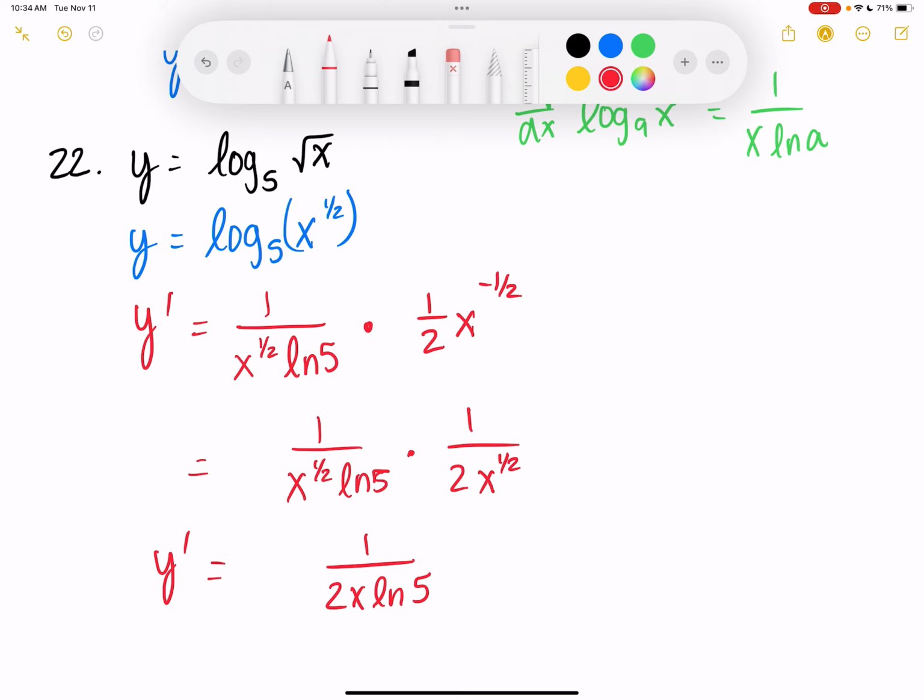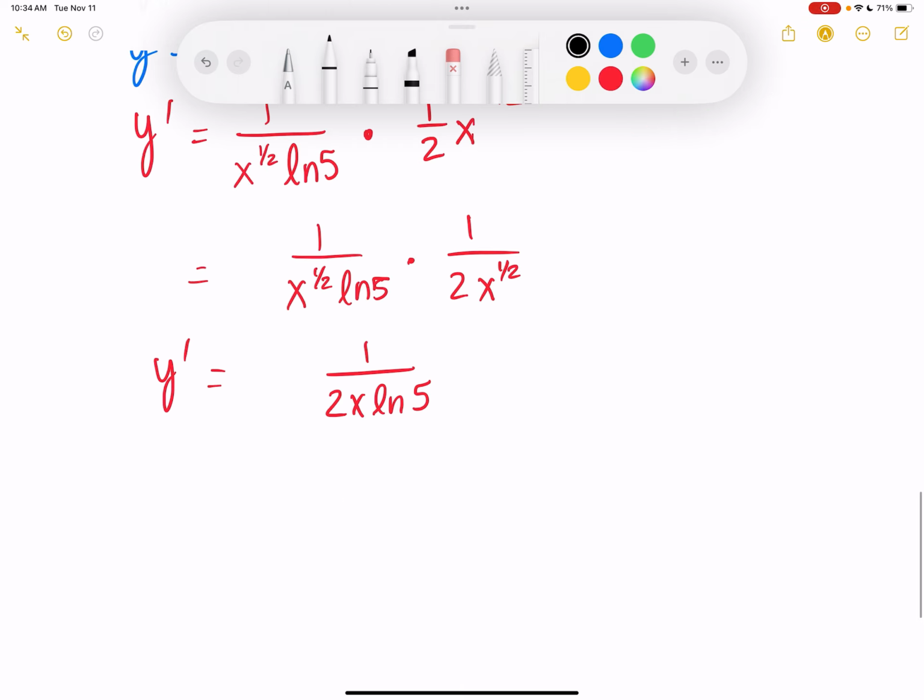One more of these. Let's see. 24. I've got y equals 1 over the log base 2 of x.